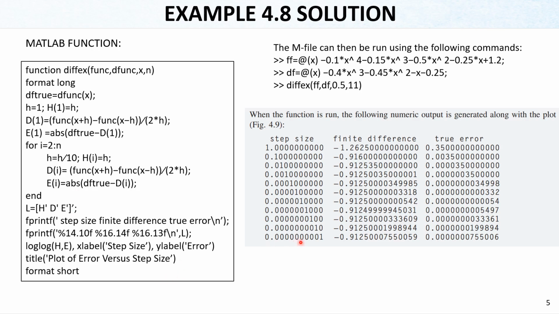And on the right hand side, you can see the step size is reducing from 1 to a very small value at each step, 1, 2, 3, 4, 5, 6, 7, 8, 9, 10, and we have only n equals 10 reduction. The finite difference values, these are the d values, and the true error values, these are these values.